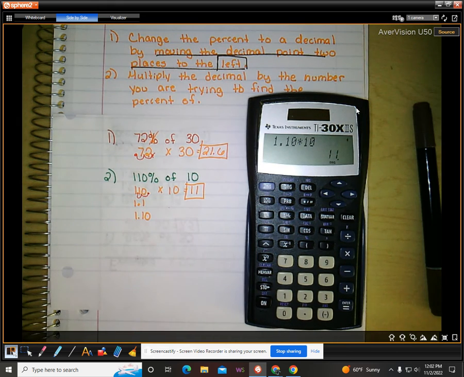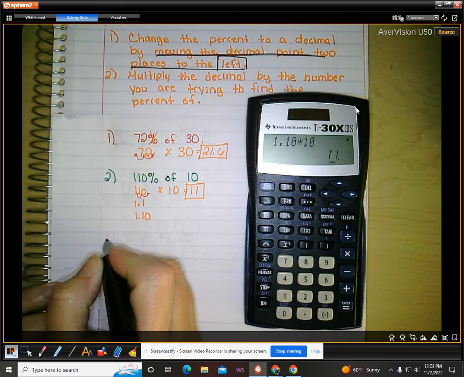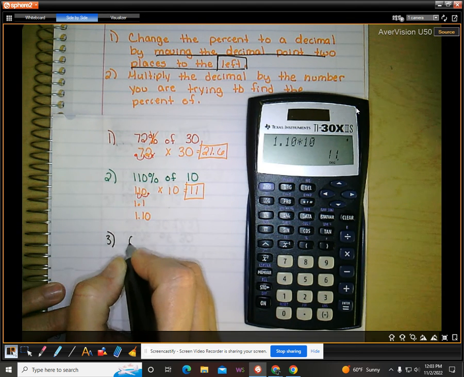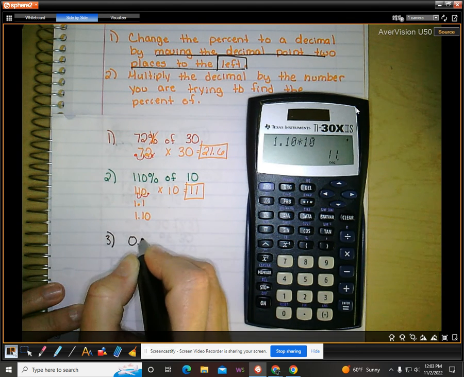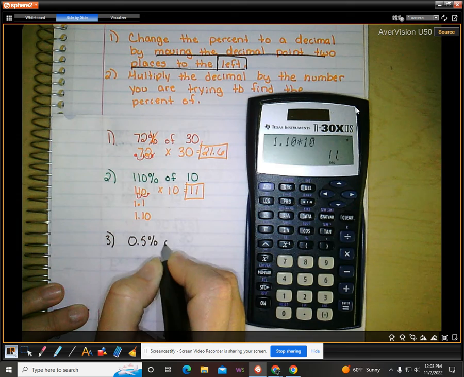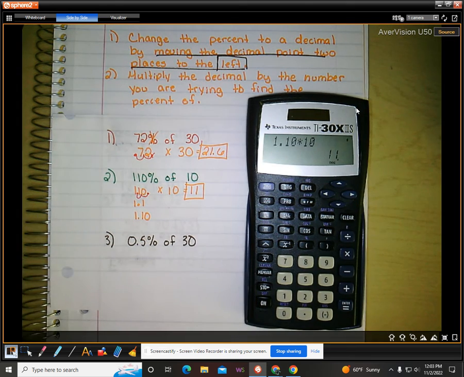Now we're going to look at a different scenario. This would be more like a savings account or something. If on your savings account you earn 0.5% on, let's say, $30. Okay?